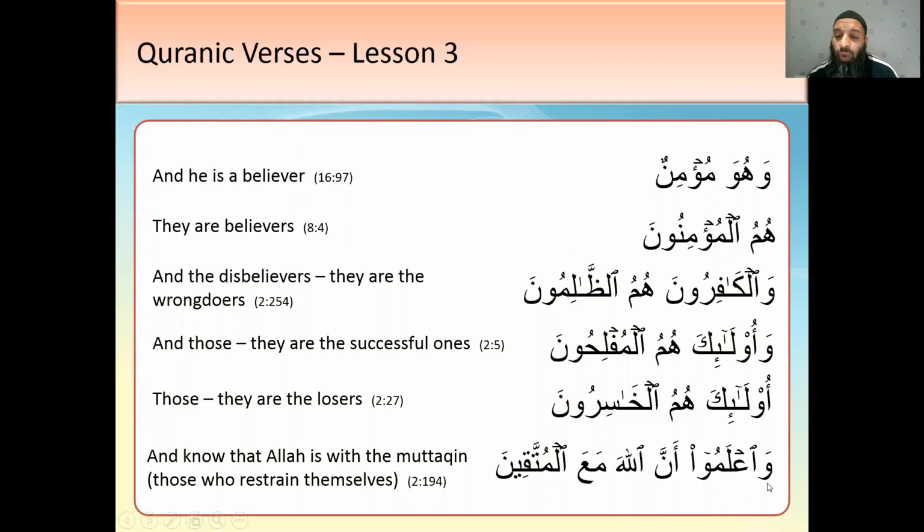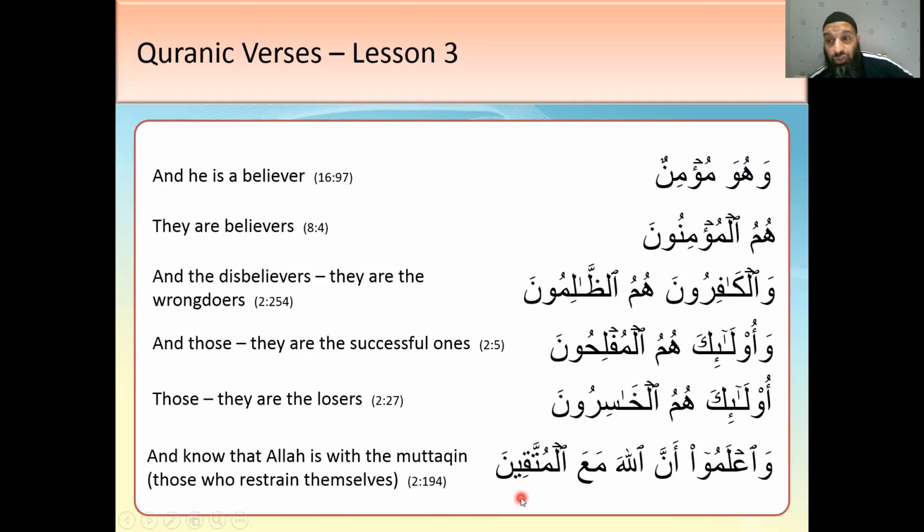Look at the next one. A sister, please. Wa'lamu, and know. Anna, no doubt. Allaha ma'a al-muttaqin, with the believers. So wa'lamu, and know, anna Allah, that Allah, ma'a, we've done ma'a, with al-muttaqina. It's become majroor.